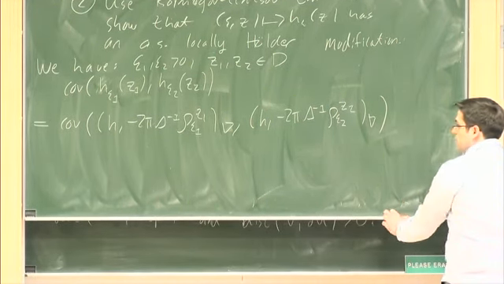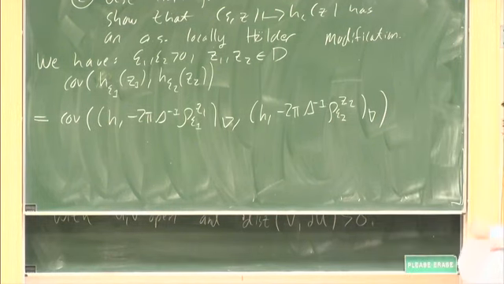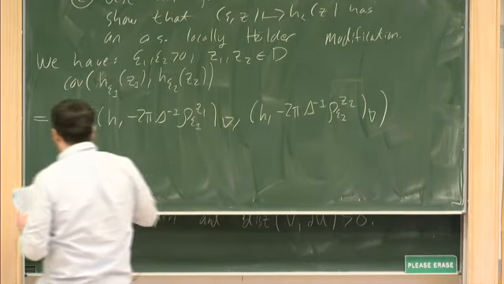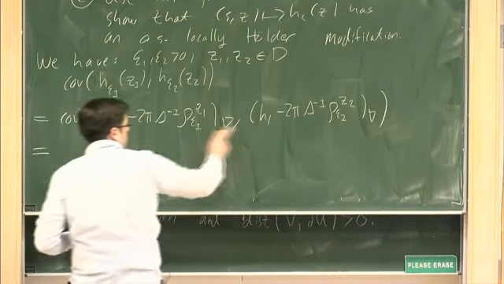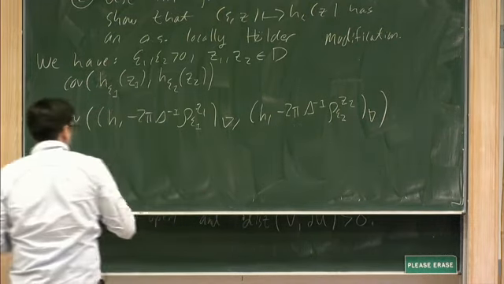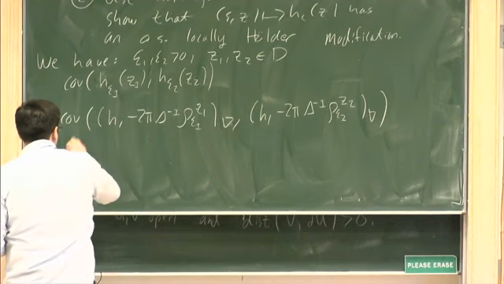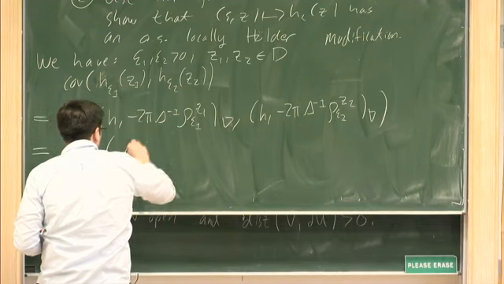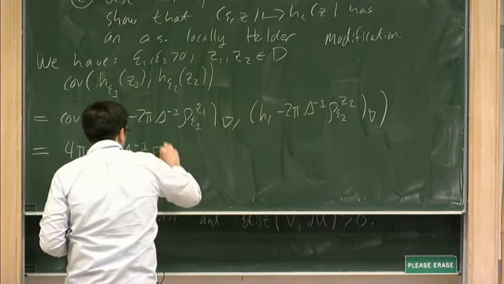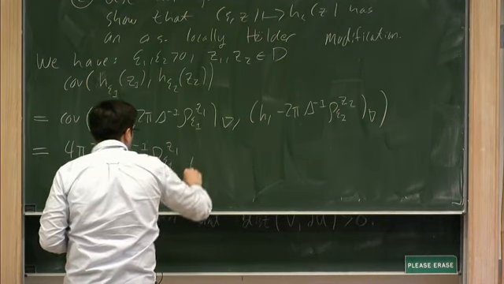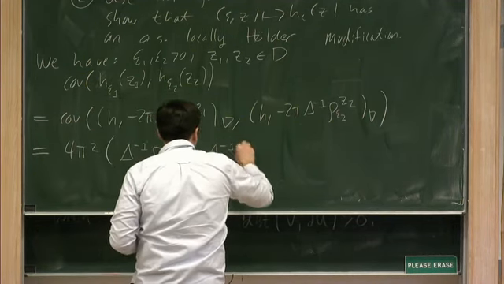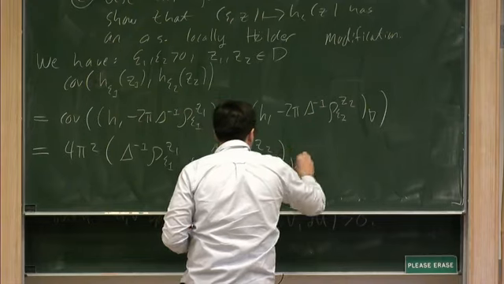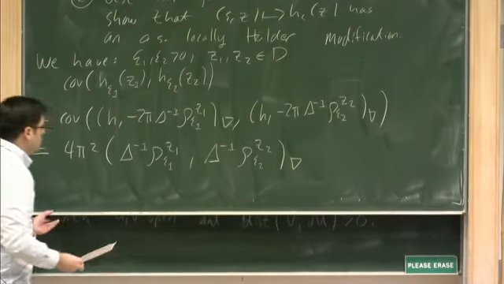Okay, and whenever we have the Gaussian free field, and we take the Dirichlet inner product of it with respect to two functions, then the covariance is always just given by the Dirichlet inner product of the two functions you're looking at. So you just take the Dirichlet inner product of these guys. So you have the inverse Laplacian of rho epsilon 1 z1 with the inverse Laplacian of rho epsilon 2 z2. You have that Dirichlet inner product.